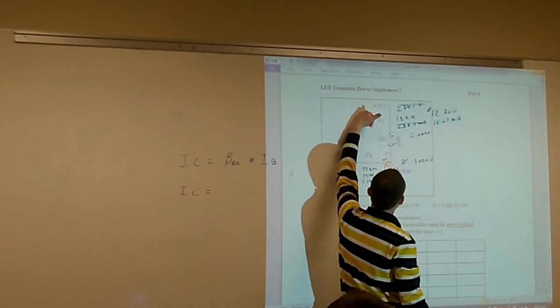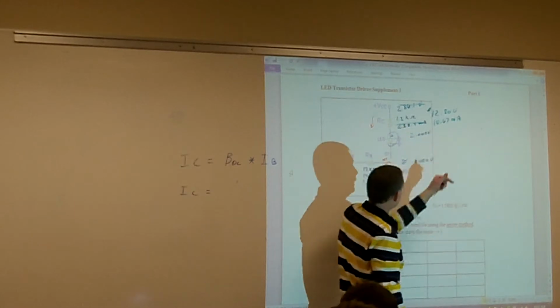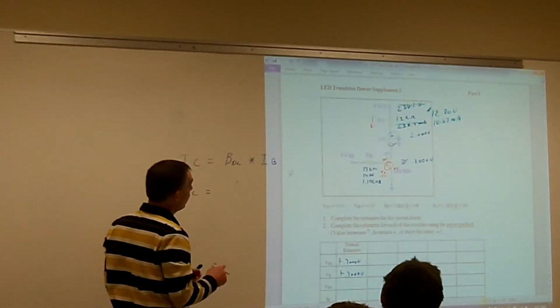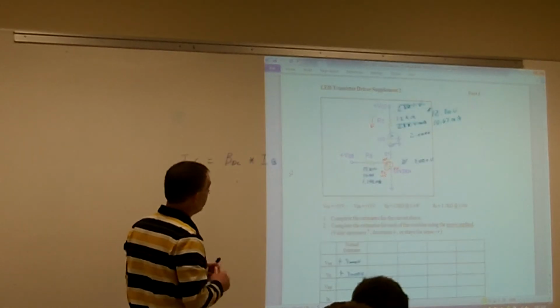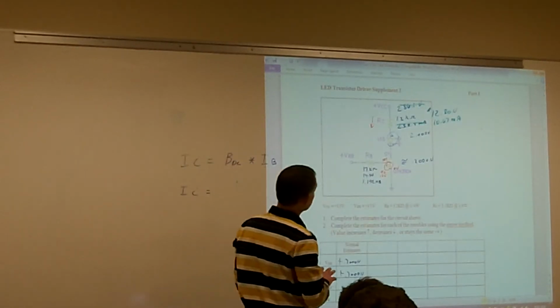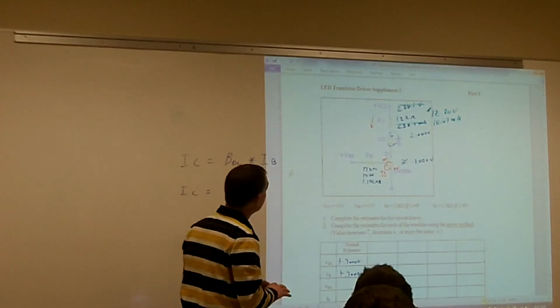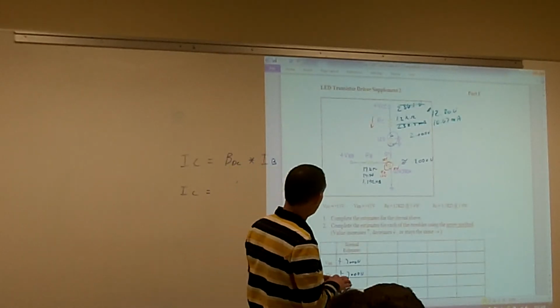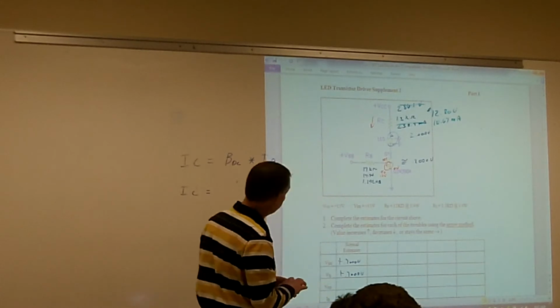So if I drop my RC, then my current going through my LED would also increase. But I always have to make sure that I'm maintaining saturation. In that case I could lower that RC, and that would determine my current going through RC.